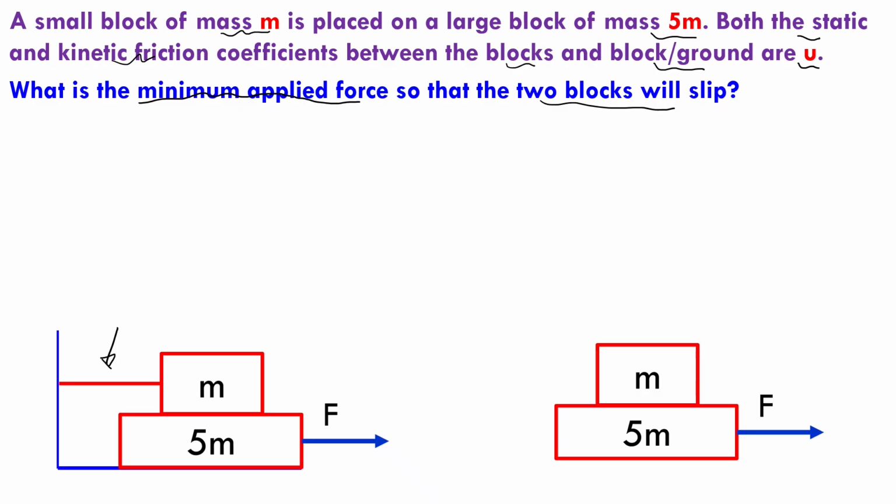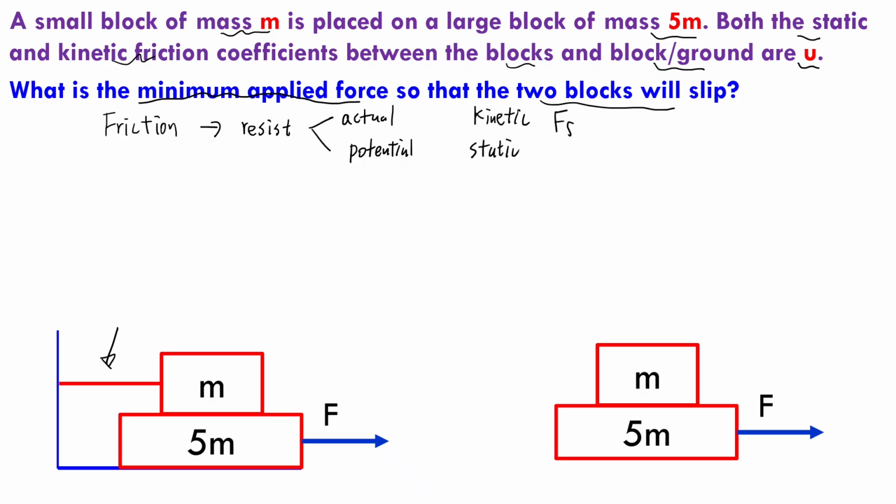Before we work on this question, I want to remind you, friction is a force that resists relative motion, right? So if you have actual relative motion, then you have kinetic friction. If you are resisting potential relative motion, then you have static friction, right?